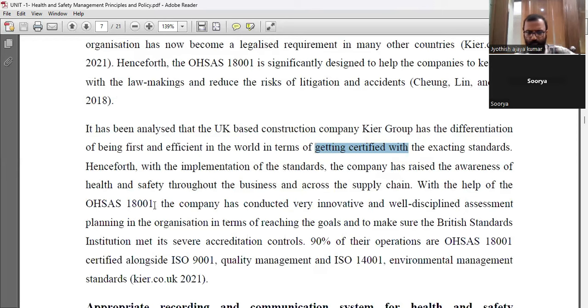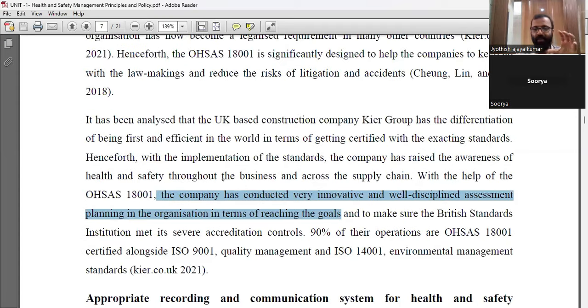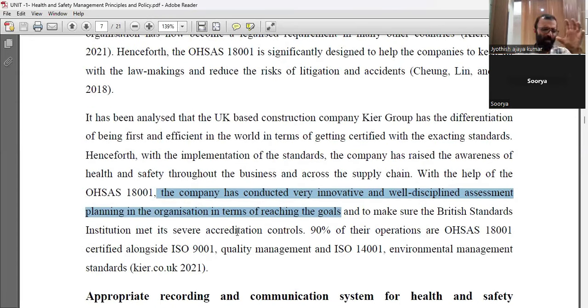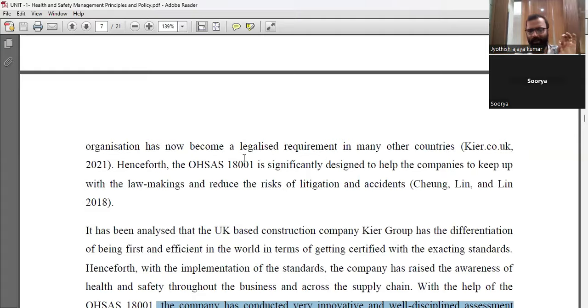The company has been very innovative, well disciplined, and so on. Basically, 90% of this project is about the writing skill of an individual, not about what knowledge you have. You will understand the way they have written, like beating around the bush. Even if the company has just got OHSAS 18001, that is the normal thing that we will write.